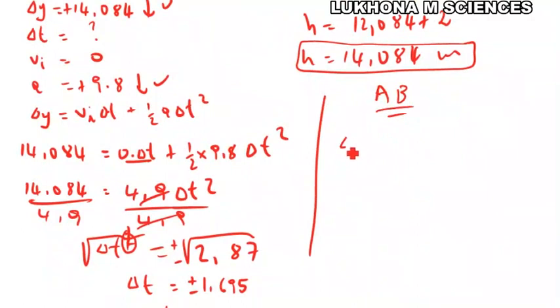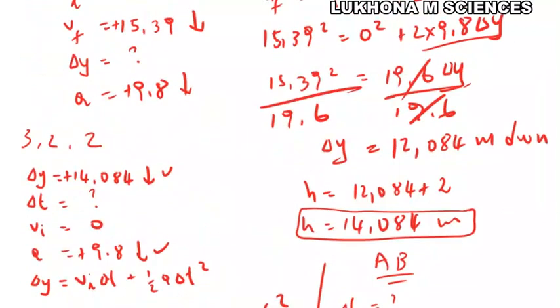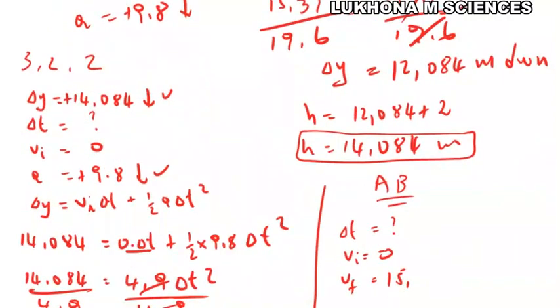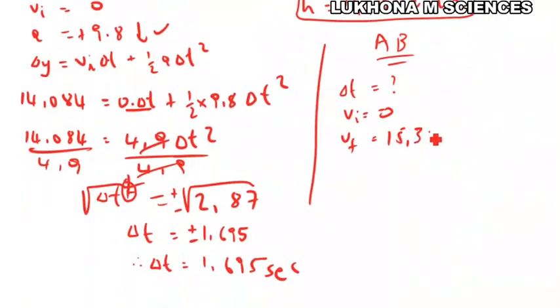We are looking for delta T, then the initial velocity is 0 there. Then the final velocity is 15,39 downwards. Then acceleration is 9,8 meters per square second downwards. Therefore, this one must be positive and this one must be positive.